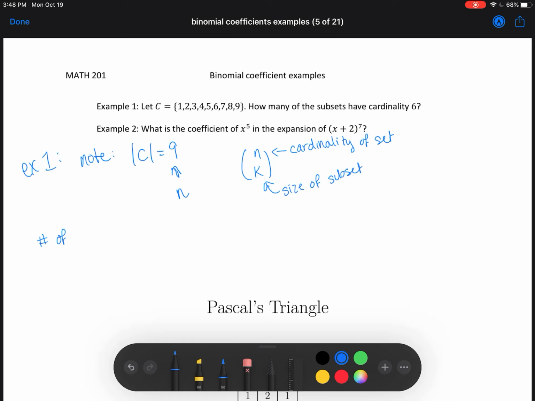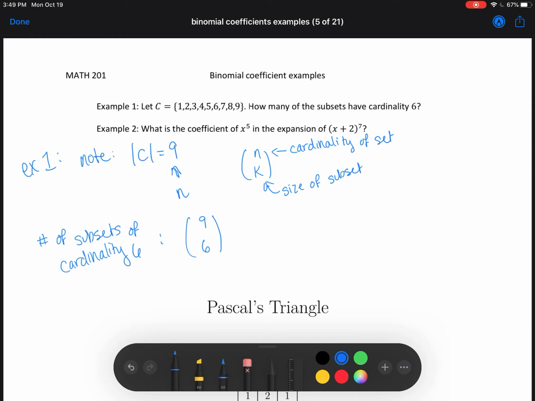So the number of subsets of cardinality 6 would be exactly this value. So our n is our 9, and since we want subsets with size 6, 6 is our value of k.